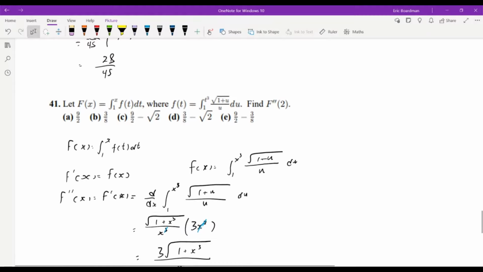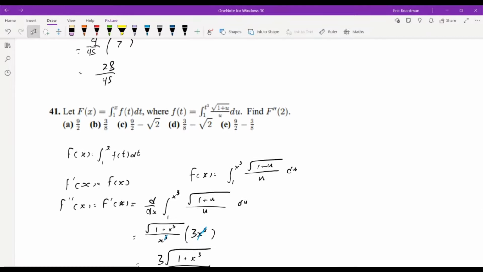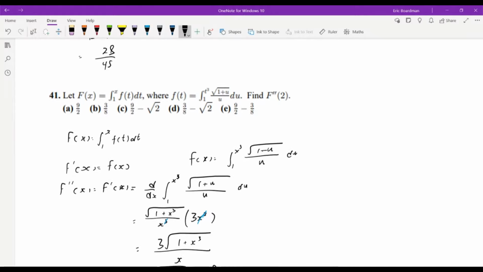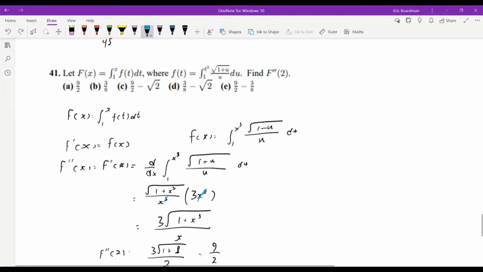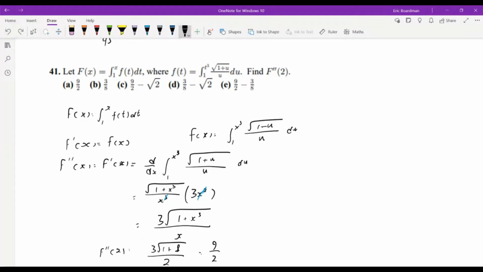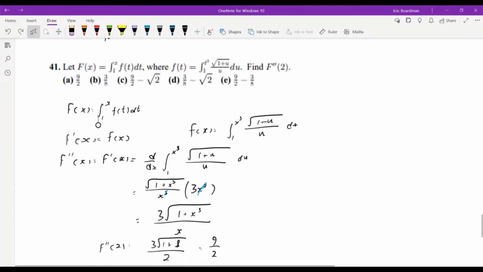And by the fundamental theorem of calculus, if you take the derivative of an integral from 1 to x, then that'll just become the function inside evaluated at x. So the derivative of big F of x is just f of x. And we know that f of x equals the integral from 1 to x cubed of square root of 1 plus u over u, with respect to u.